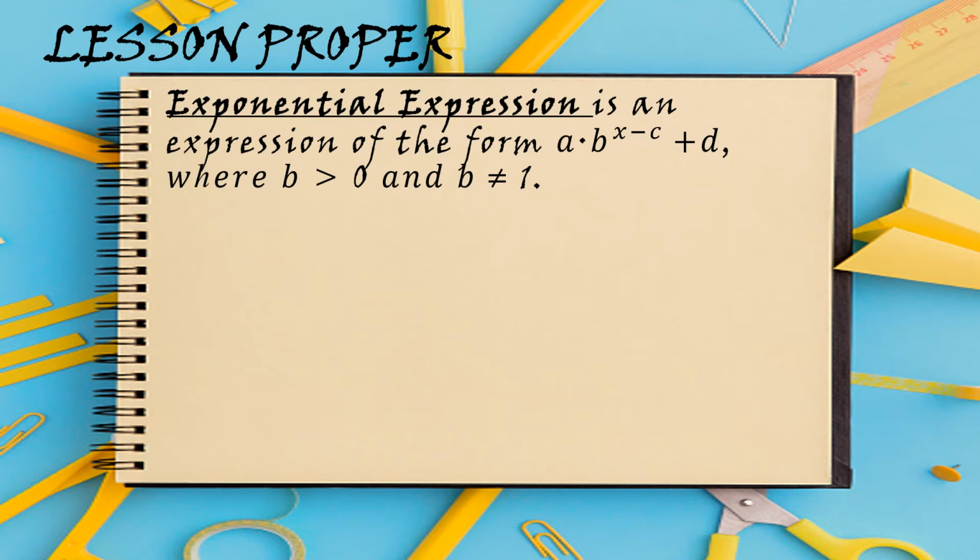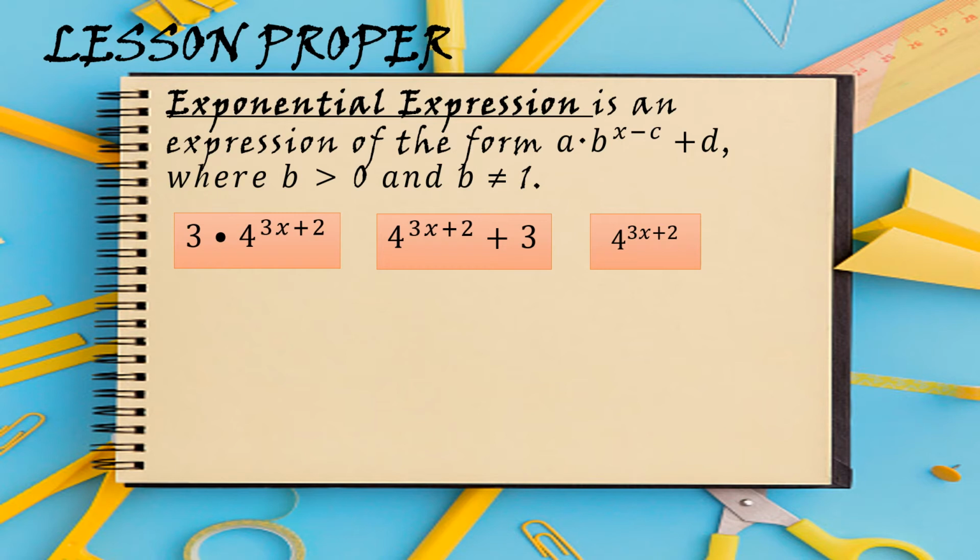So we usually add the restriction that the base of an exponential expression must be positive. Examples of exponential expressions are 3 times 4 raised to 3x plus 2, 4 raised to 3x plus 2 plus 3, or simply 4 raised to 3x plus 2. Here you have a multiplier of 3, and here you have a constant number which is positive 3.